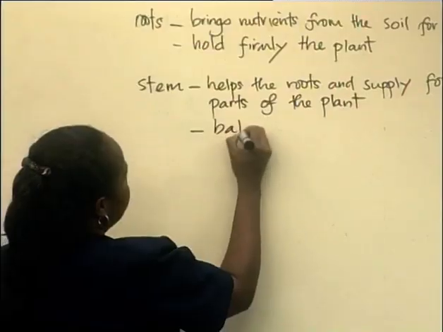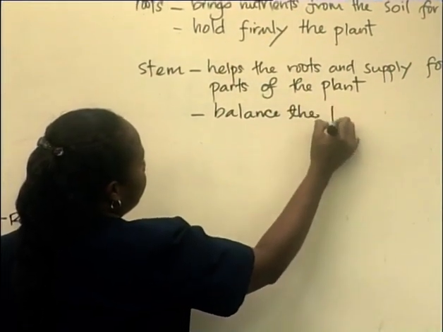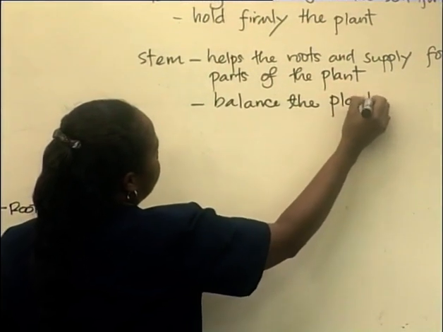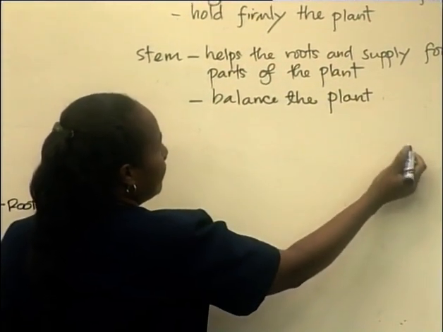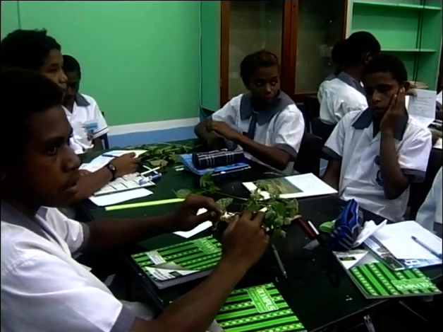Okay, Diana? The stem helps the plant to balance and also it passes the nutrients up to other parts. And supplies food plus nutrients to other parts of the plant.